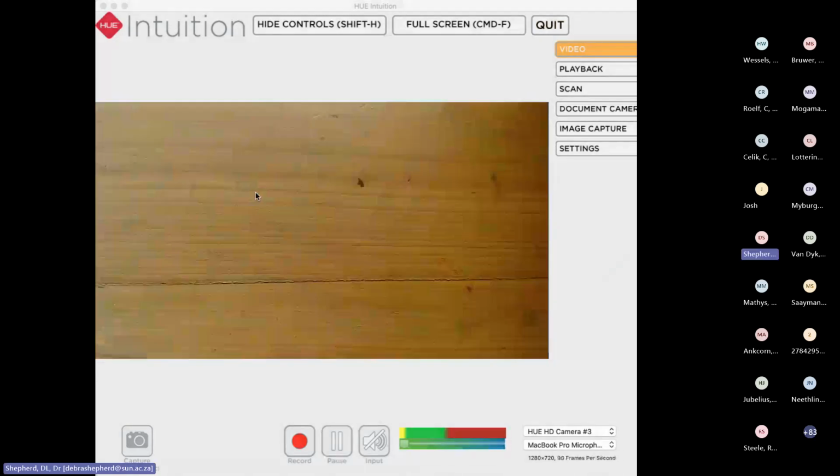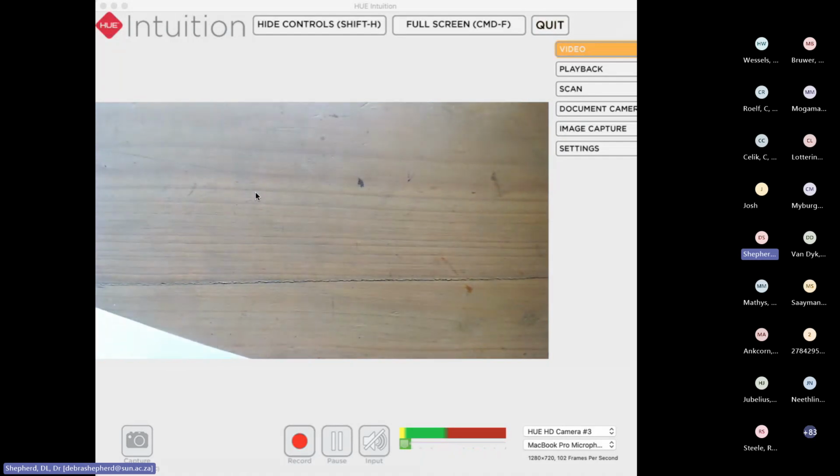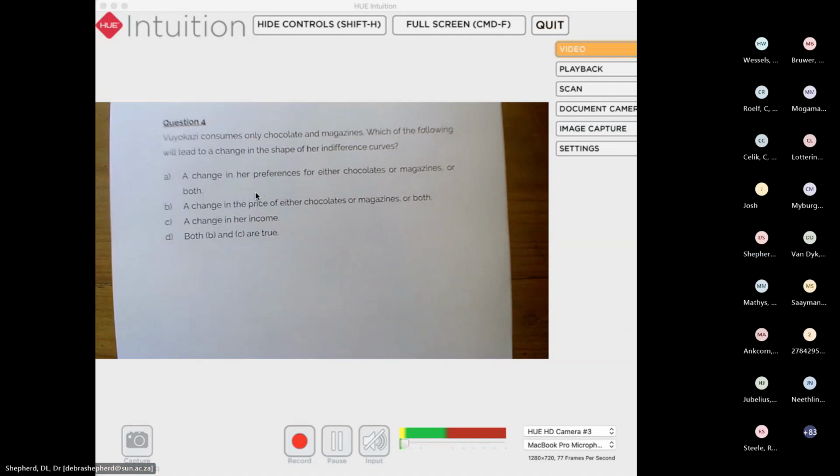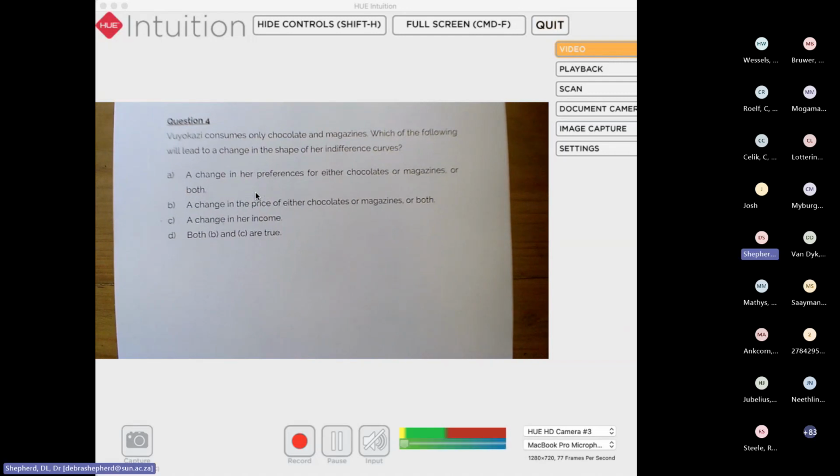Okay, so now let's move to question 4, which also deals with indifference curves. So question 4 says, Vuyokazi consumes only chocolate and magazines. Which of the following will lead to a change in the shape of her indifference curves? Okay, so we have a change in her preferences for either chocolates or magazines or both.